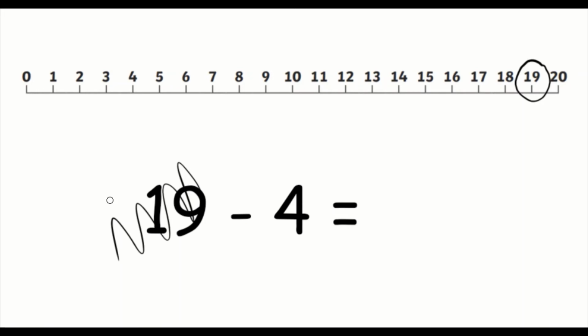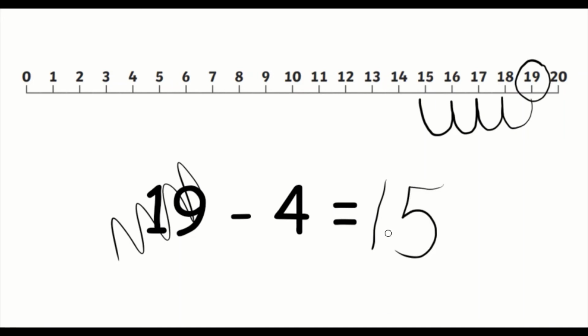It's number 4. So I'm going to do 4 jumps down the number line. The number that I landed on is number 15. So that's my answer. 19 subtract 4 is equal to 15.